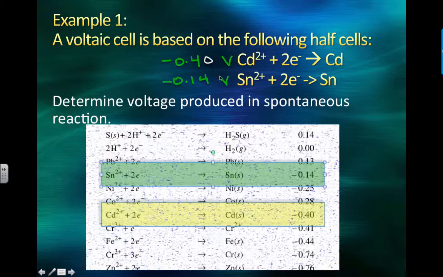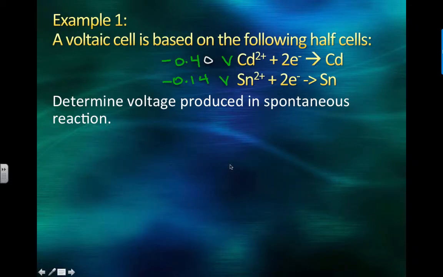So which one is more positive? Cadmium or tin? Well, they're both negative, right? But which one is more positive? Right, tin. So let's use tin as the cathode because it's closer to being positive than the cadmium. We'll let the cadmium be our anode in our battery. Then we'll get a spontaneous reaction.